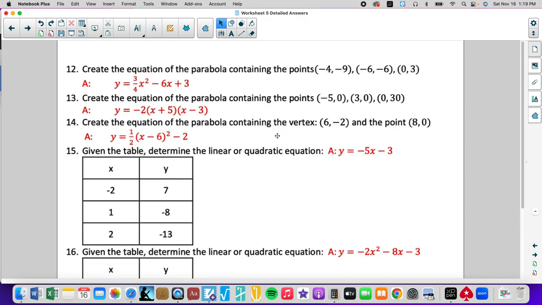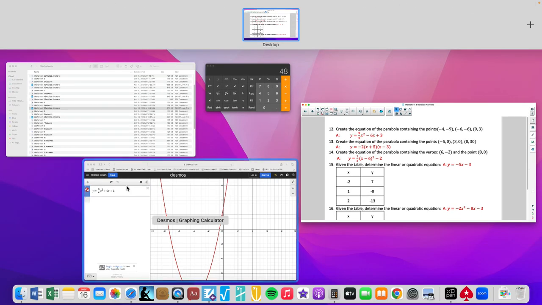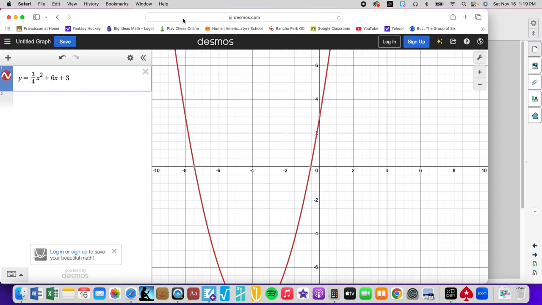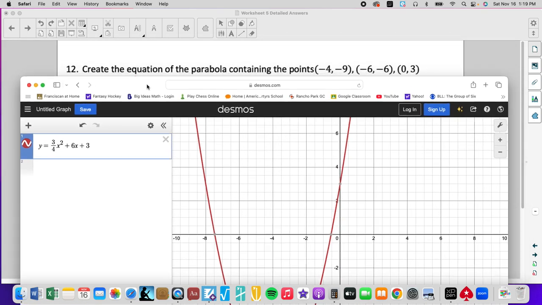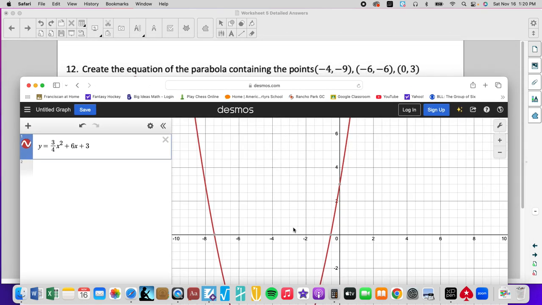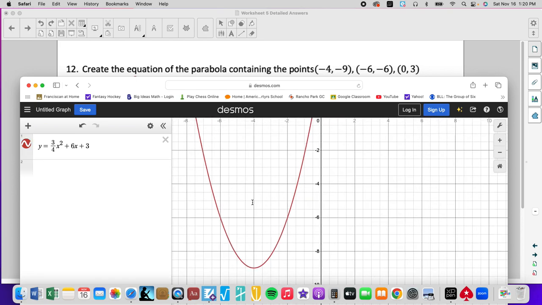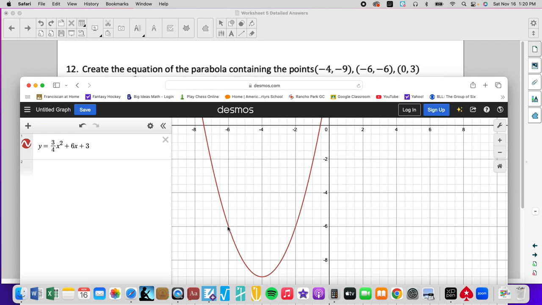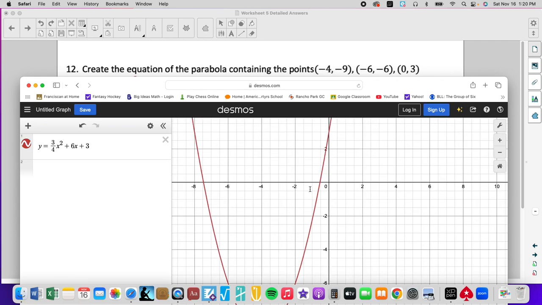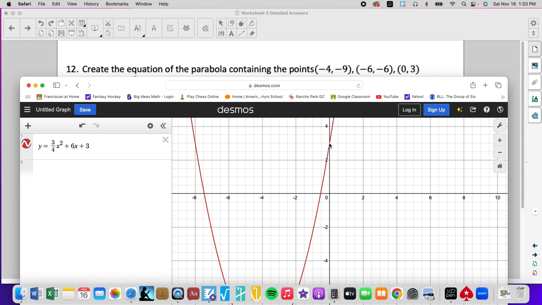They think it is negative 6x. I think it's positive 6x. So we want to see if these points are solutions: negative 4, negative 9 is one of the solutions. Negative 6, negative 6 is a solution. And 0, positive 3 is a solution. So my equation is correct.